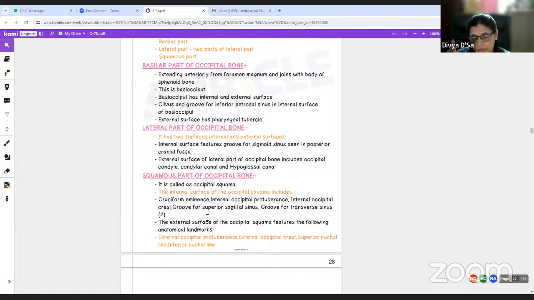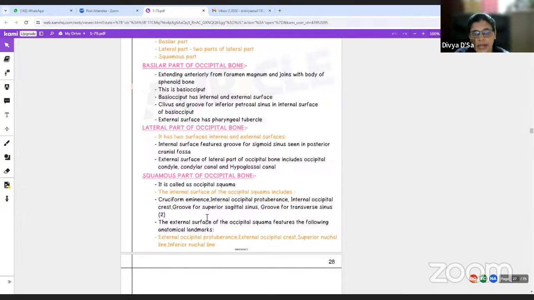On either side of the clivus, there will be a groove for the inferior petrosal sinus. And the external surface will have a pharyngeal tubercle. What will be attached to the pharyngeal tubercle? A median raphe will be attached, to which all our constrictor muscles of the pharynx will be attaching.